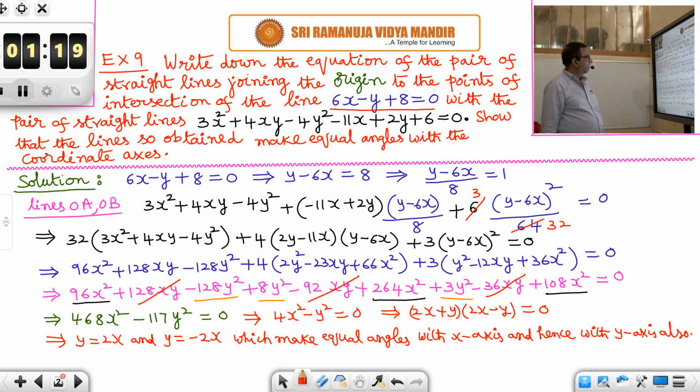Show that the lines so obtained make equal angles with the coordinate axis.